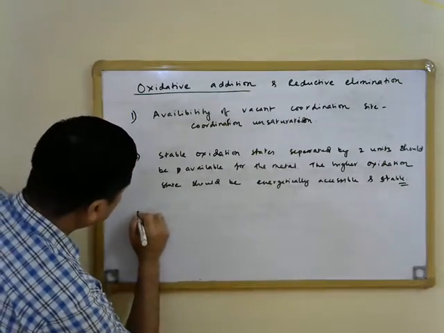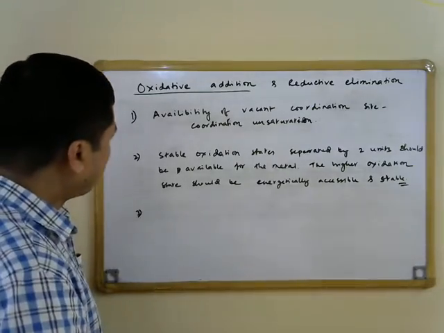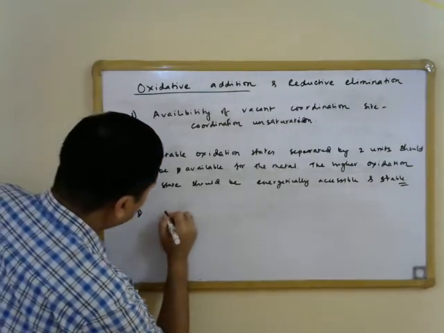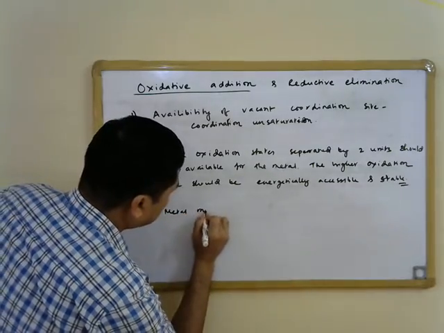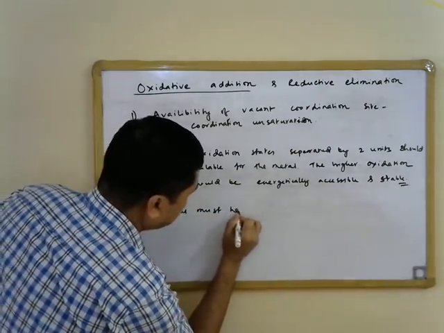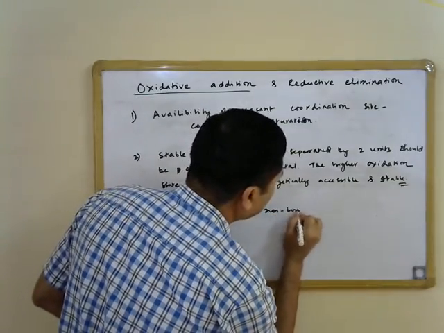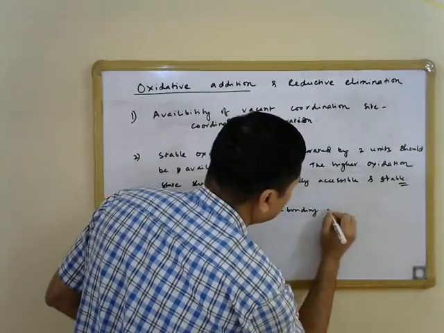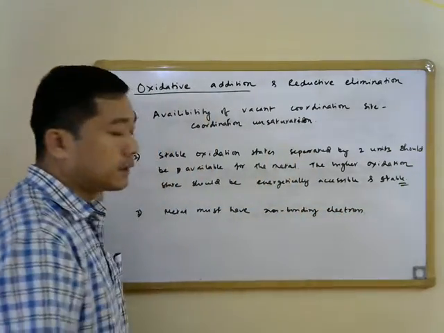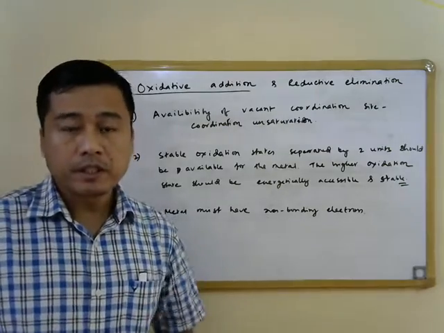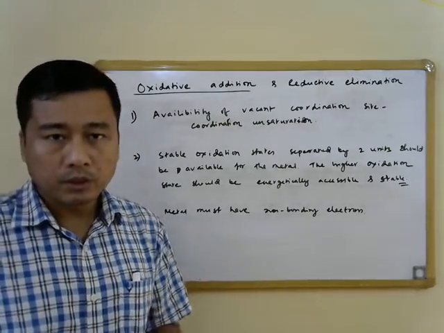Then the third condition here is that the metal must have non-bonding electrons. Because what happens is that during the oxidative addition reaction, two new metal to ligand bonds are formed.